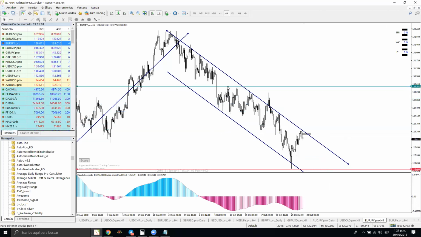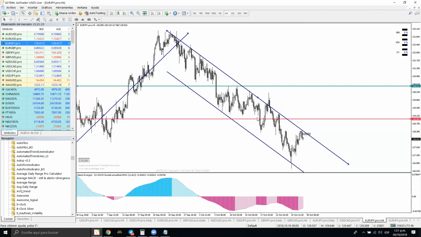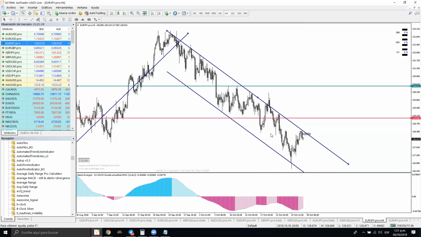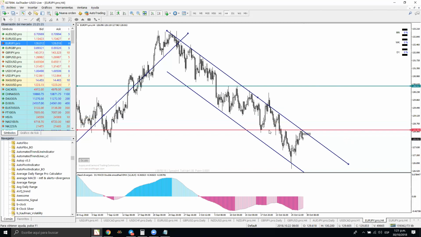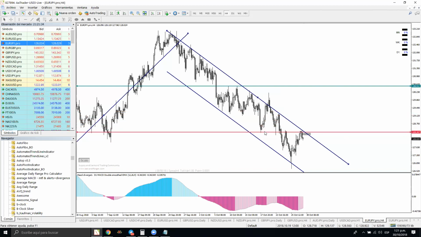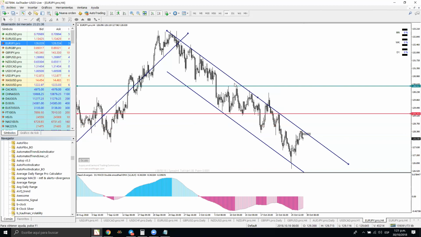In this case we have this key resistance here, and the support over here, where the momentum was created from this downturn, because the market was in this range. The momentum was created.